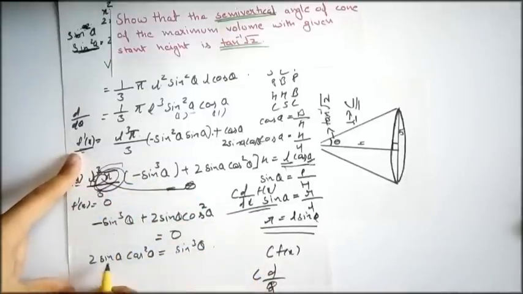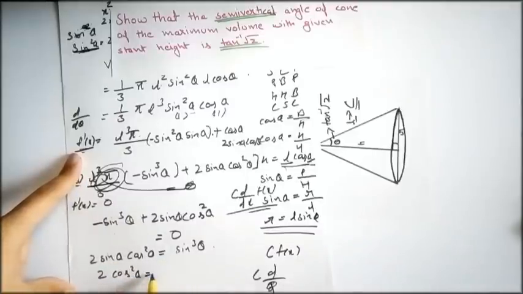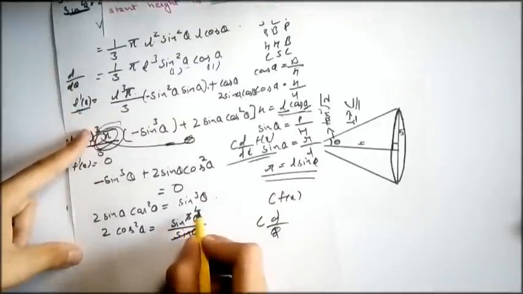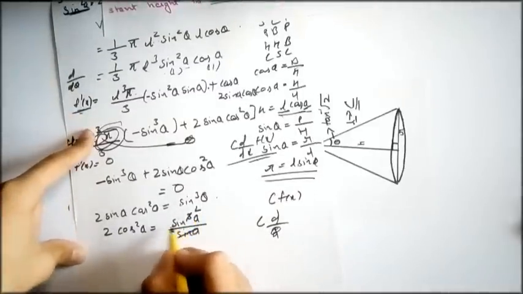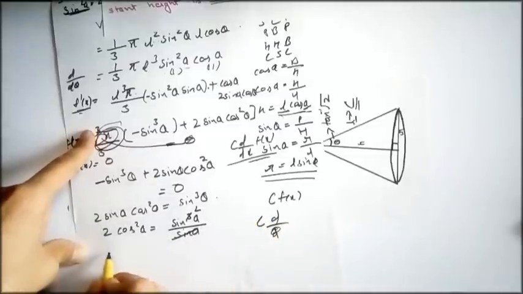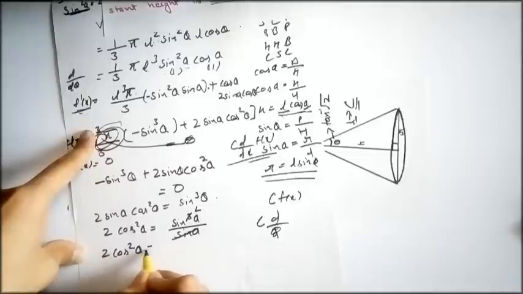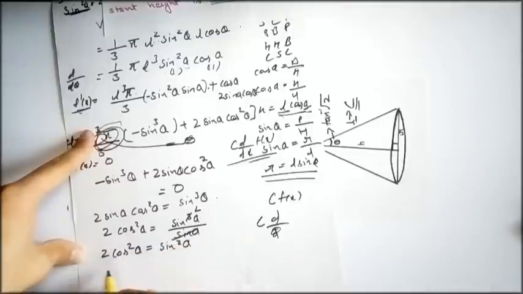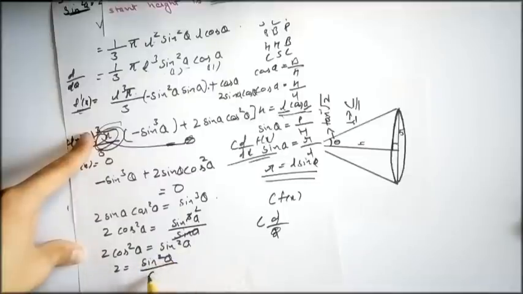And now I will divide these two sides, so 2 cos square theta is equal to sine cube theta by sine theta. Now 1 sine theta cancels out with 1 sine theta from the 3 sine theta, which are multipliers. And now 2 cos square theta is equal to sine square theta. And now 2 is equal to sine square theta by cos square theta.